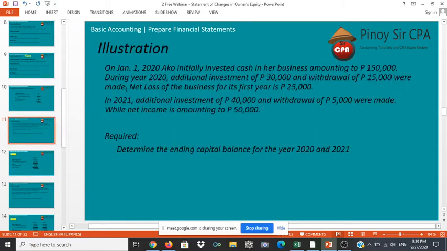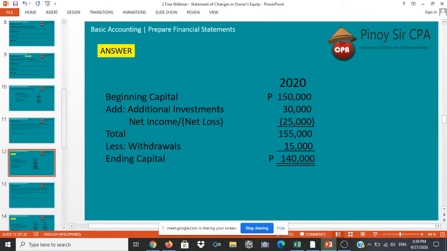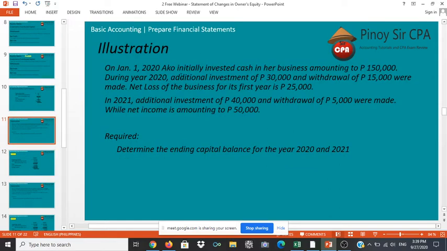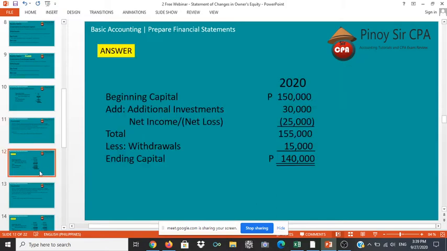So, ito yon. On January 1, 2020, Ako initially invested cash in her business amounting to 150,000. So, correct tayo dyan. Additional investment, 30,000. Tignan nga natin. During year 2020, additional investment, 30,000. That's correct.